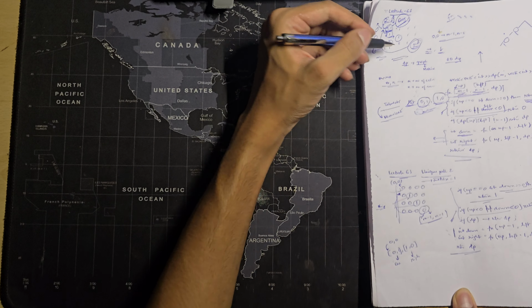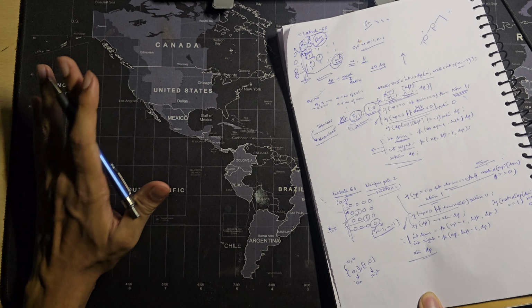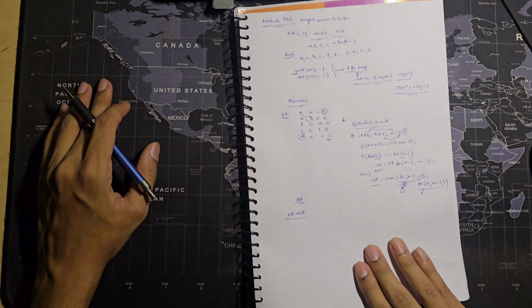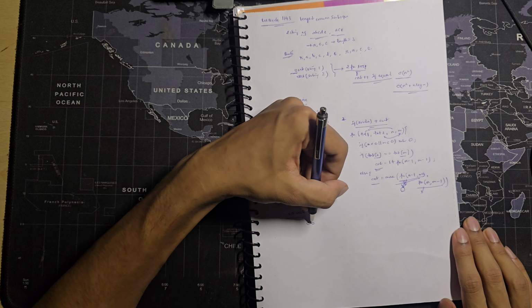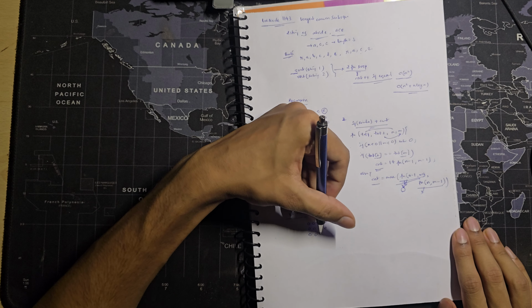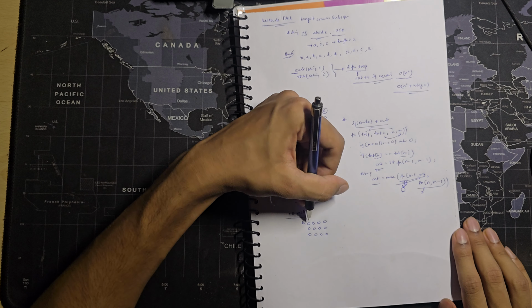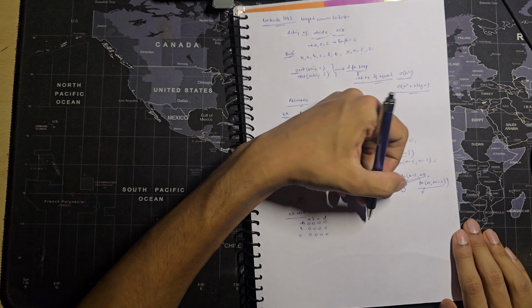This is the matrix that we need to solve the question. So what do we make? Here we have zeros, and A, B, C.